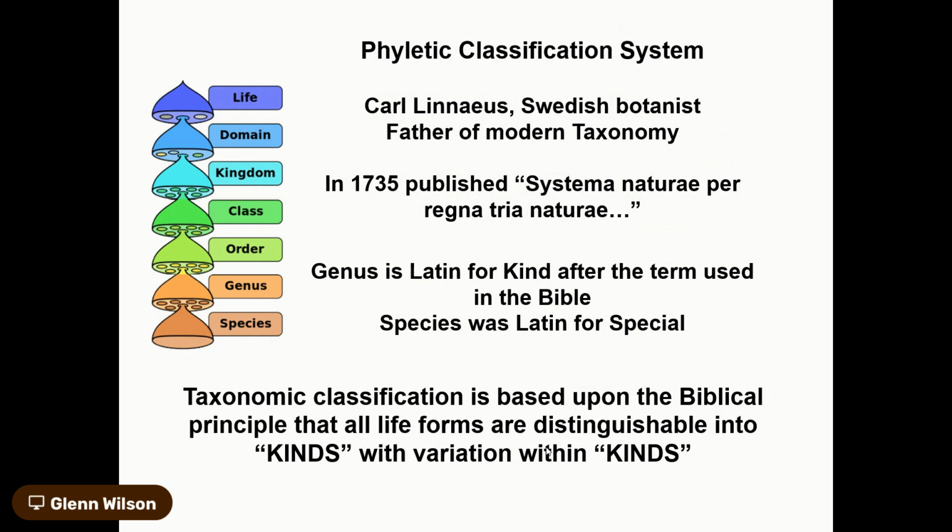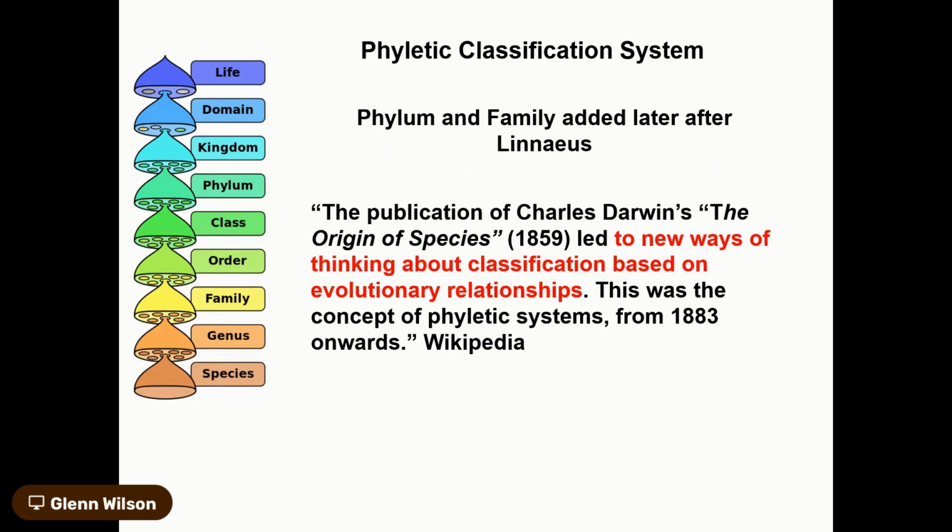In other words, that kind could have a variety, could have diversity within it. But the whole taxonomic classification system is based upon the biblical principle that all life forms can be distinguished. We can see certain characteristics and fit them into a kind. And that was 100 years before Charles Darwin. But since Darwin, they've done a couple of things.